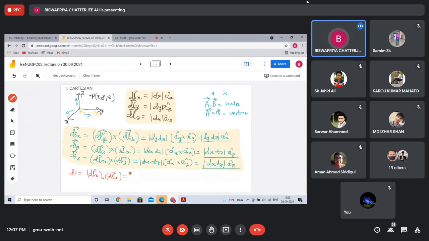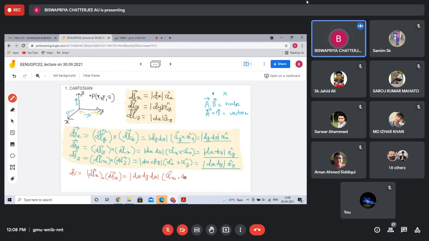Now dlx is dx and dsx is dy dz, so the magnitude is dx dy dz. The direction of dlx is ax cap, and it is dotted with dsx, which is ax cap.